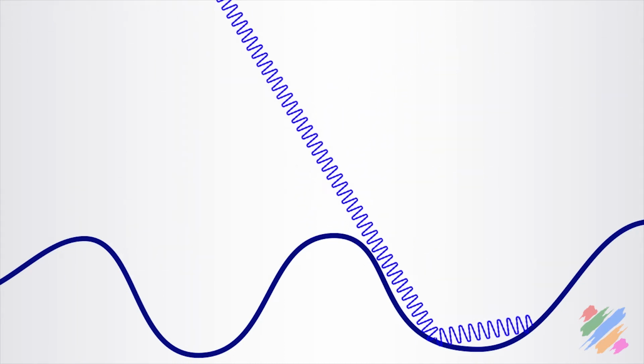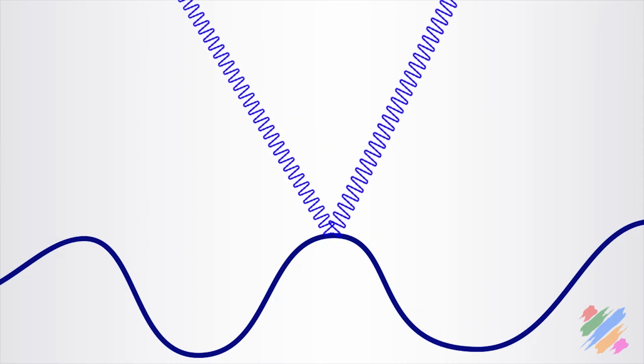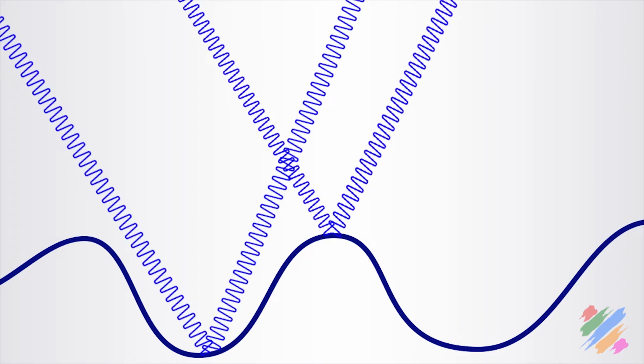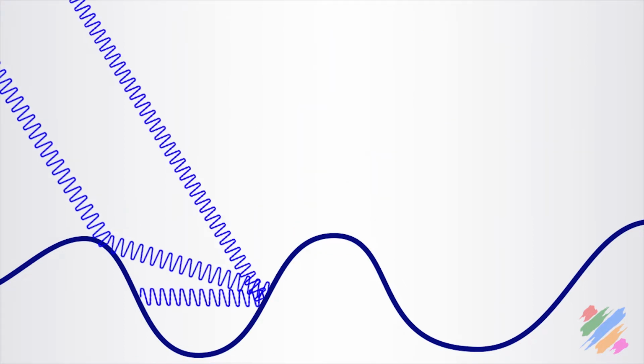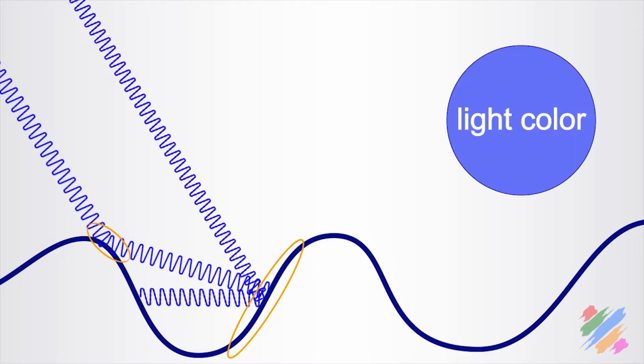So, for example, when the light hits the silk right on the top or the bottom of its waves, where the fabric is pretty horizontal, it gets reflected with a certain angle in the opposite direction, giving us the perception of the color white. When the light hits these areas, it starts a game of bouncing. We're not going to discuss it now, but at the end, it gives us the perception of the light color.